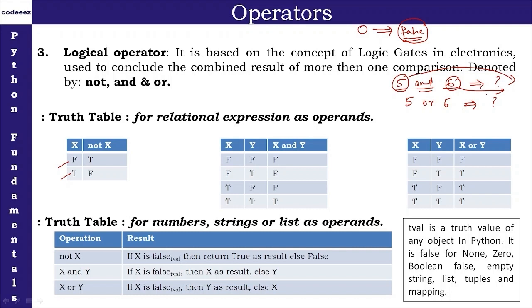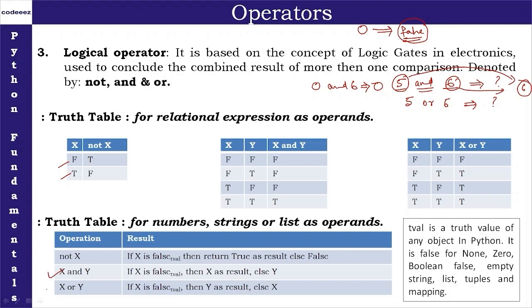Okay, means 5 and 6 will give you the result 6, and 0 and 6 will give you the result 0. So this is with AND.